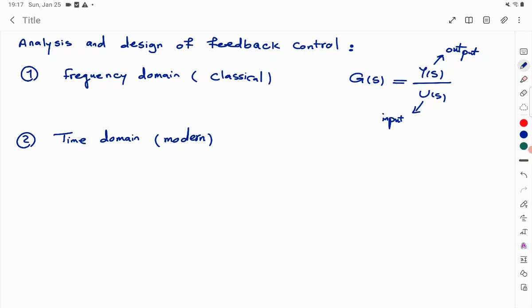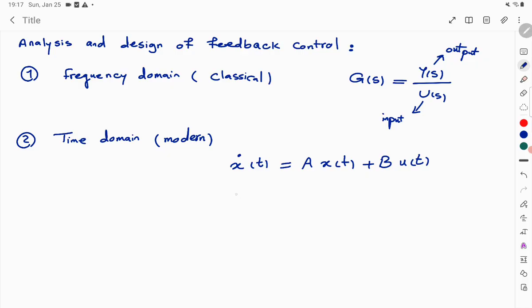And then if we consider the general form of state space in time domain, we're gonna have x dot in terms of t equal to A x in terms of t plus B u in terms of t.